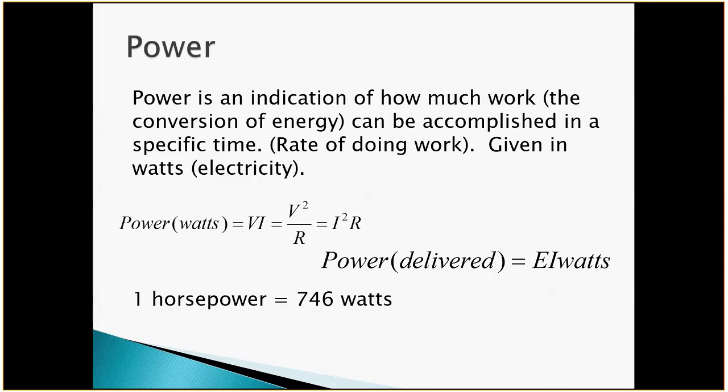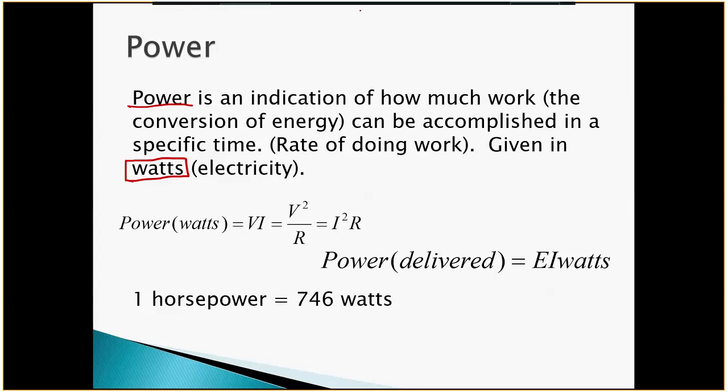Okay, so we've got Ohm's law down now, I hope. Voltage equals current times resistance. But that's not the only thing we need to worry about. We need to worry about this term called power. Power is an indication of how much work can actually be accomplished in a specific time, and that work is given in terms of watts.